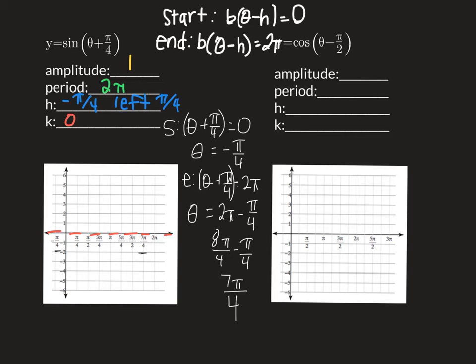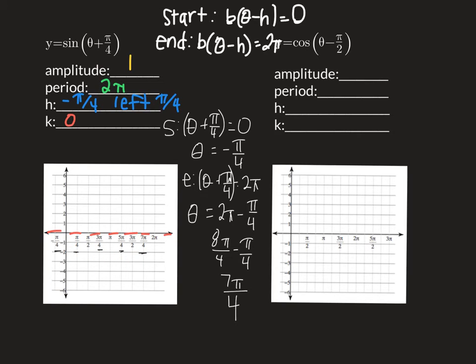Well, hopefully you said 3 pi over 4. So 3 pi over 4 would be my middle point. And then I need to find the middle of those sections. And you can see that we have points at negative pi over 4, pi over 4, 3 pi over 4, 5 pi over 4, 7 pi over 4.